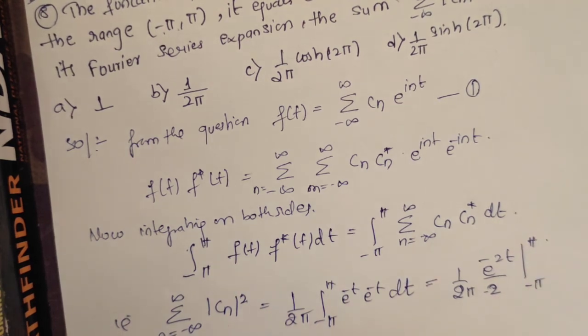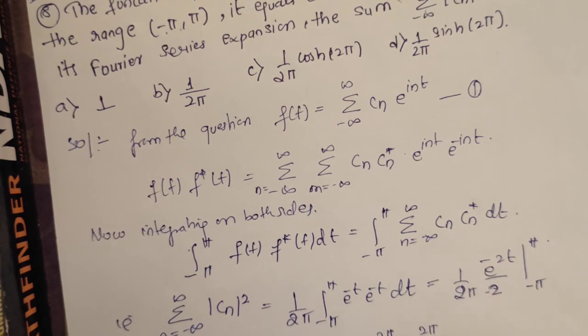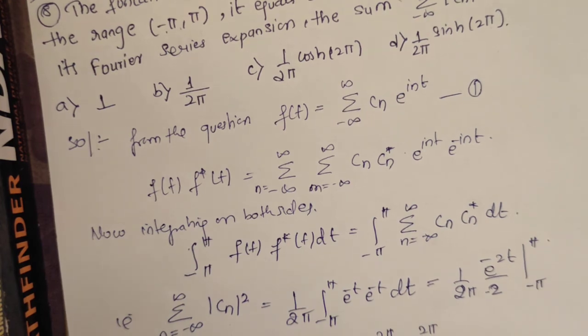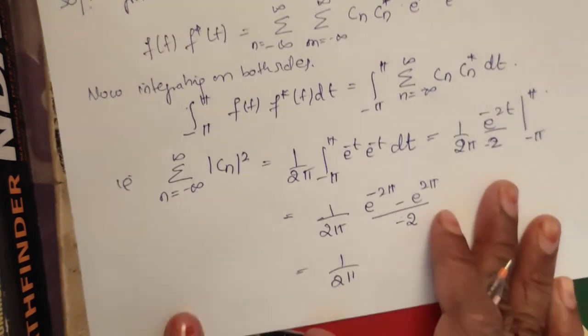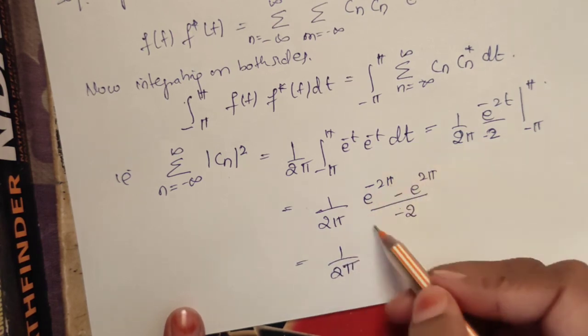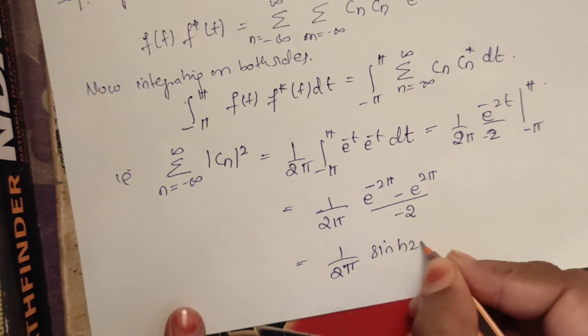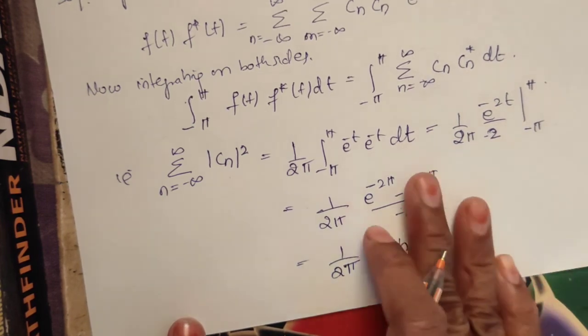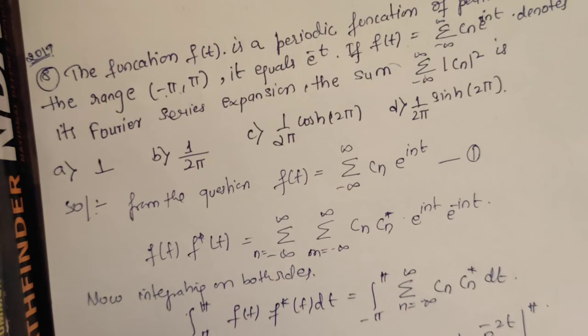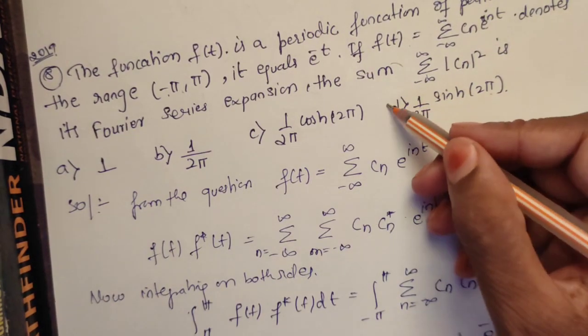The equation will be reduced to 1 by 2 pi times e to the power of 2 pi minus e to the power of minus 2 pi, divided by 2, and that will be reduced to 1 by 2 pi. We know that this is the value of sine hyperbolic 2 pi. So for this given question, the answer will be 1 by 2 pi sine hyperbolic 2 pi.